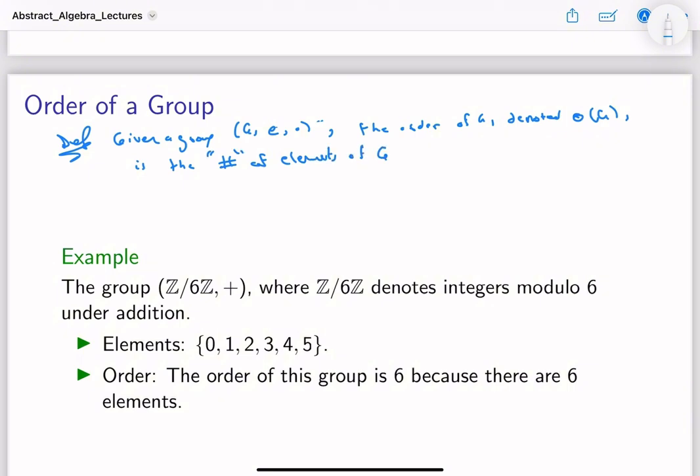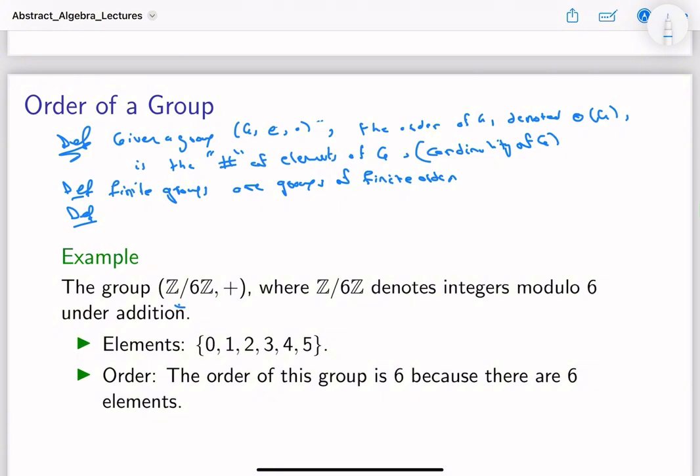But I'm going to put here "number" between quotations, because what it really is is the cardinality of G. Because G can be infinite, right? So we have two additional definitions. Finite groups are groups of finite order, and we're going to give an example of this now, and infinite groups are groups of infinite order.